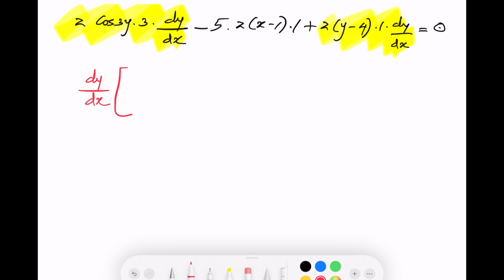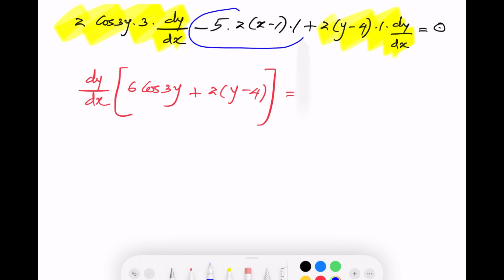Then from this first term, I have 2 times cosine 3y times 3, which simplifies to become 6 cosine 3y. From this second term, I need to factor out plus 2 times (y minus 4), close brackets. This should be equal to, the right hand side will have this term as a positive term, 10 times (x minus 1).